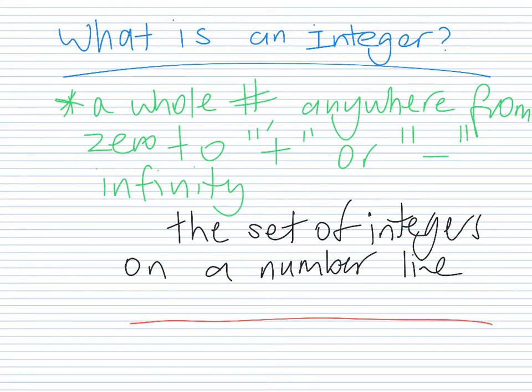So we could have our number line, assuming that these are all evenly spread apart, so we'd have 0, 1, 2, 3, 4, this way -1, -2, -3, -4. So here are our negatives, and here are our positives. Pretty simple, huh? And that's what an integer is. It can be a whole number, which is negative and positive.